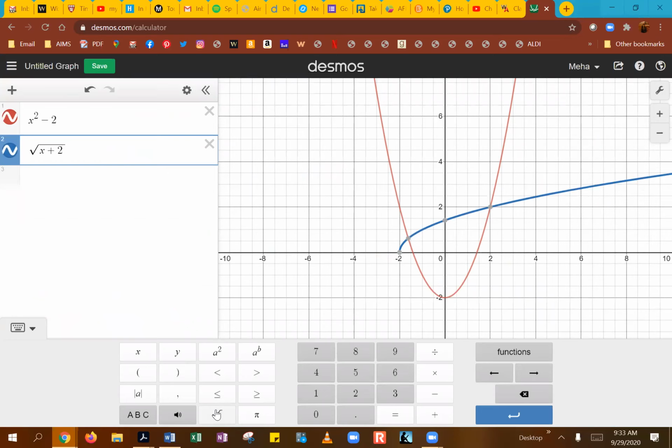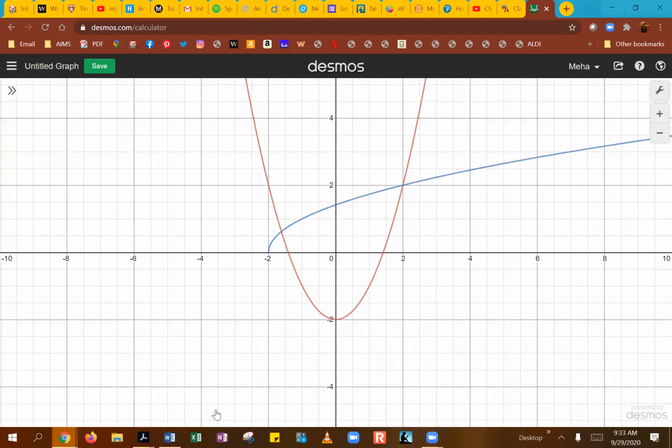So you can see, we can ignore this left-hand side of our parabola over here, just ignoring this whole left part, because we know the domain of our original function was from -2 to infinity.